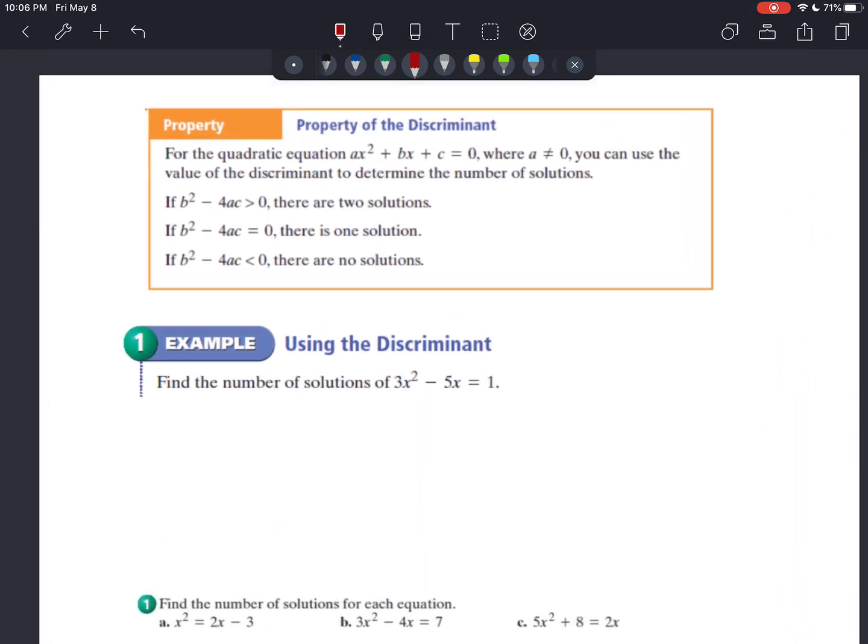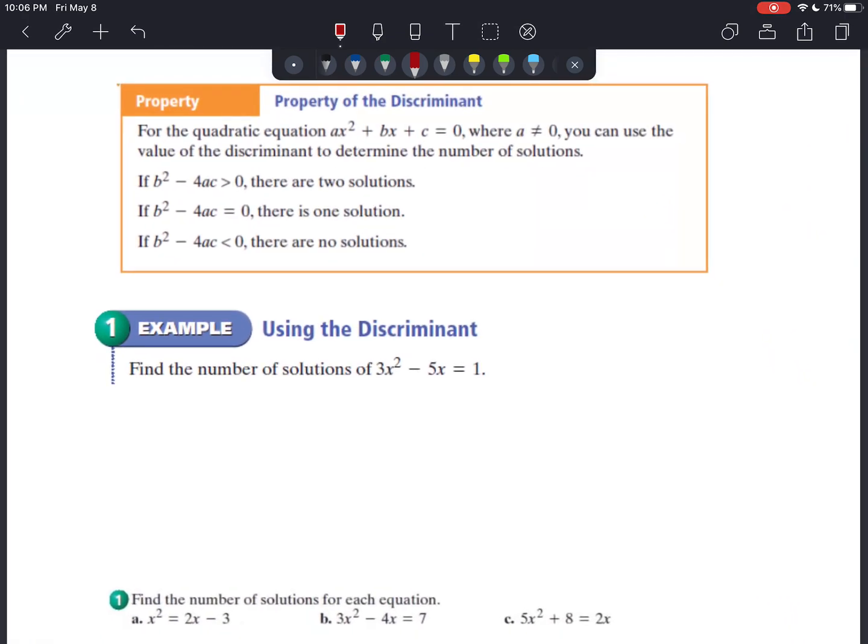So this is how we write that. If the discriminant is greater than 0, so if b squared minus 4ac is greater than 0, there are two solutions, which means 2 x-intercepts, or 2 roots, or 2 zeros.